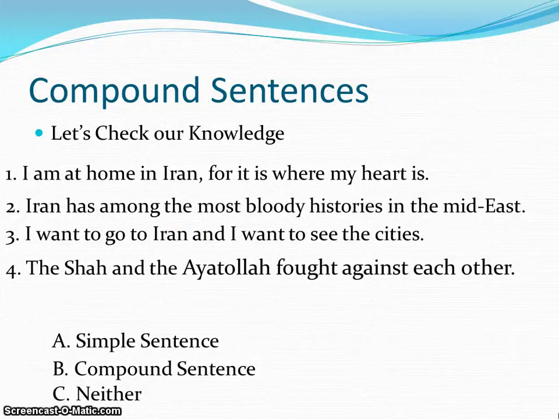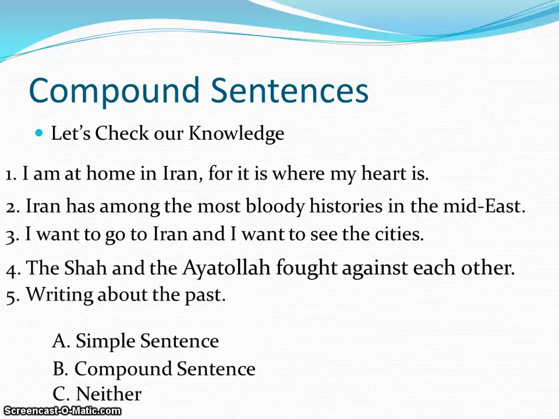Number 4, the Shah and the Ayatollah fought against each other. Is this a simple sentence, compound sentence, or neither? This one is a simple sentence with a compound subject. And lastly, writing about the past. This one is neither. This is a sentence fragment.